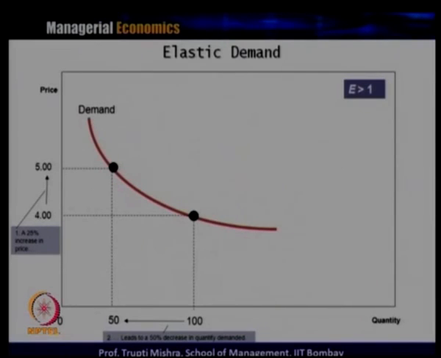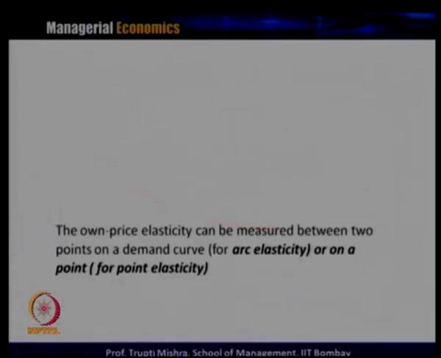The percentage change in the price is less than the percentage change in the quantity demanded. It means the 50% change in the quantity demanded is due to a 25% change in the price, and the buyers are more sensitive to change in the price. That is the reason the elasticity of demand takes a value greater than 1.